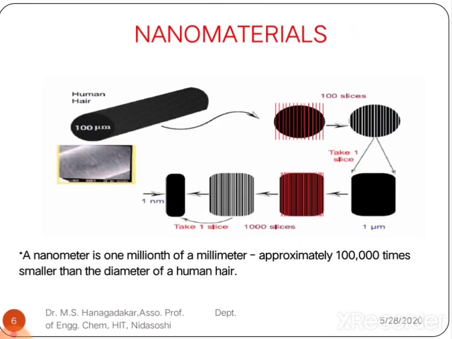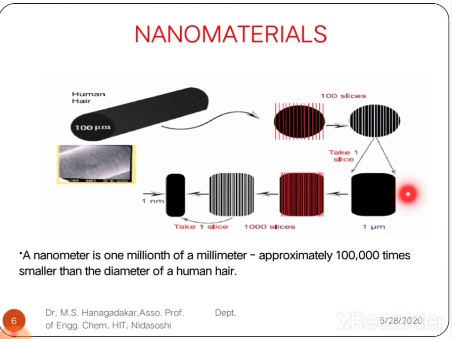As an analogy, how can we express the size of nanomaterials? You take a human hair, its diameter is 100 micrometers, and cut it along the diameter into 100 slices. A single slice out of the 100 is of the size of 1 micrometer.